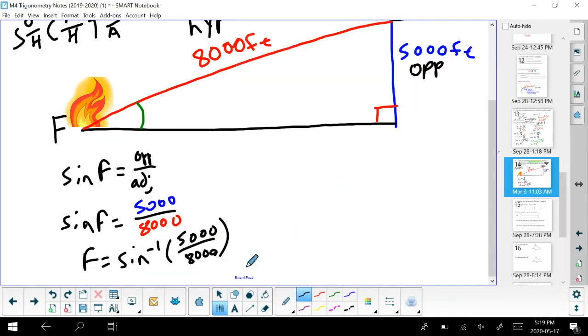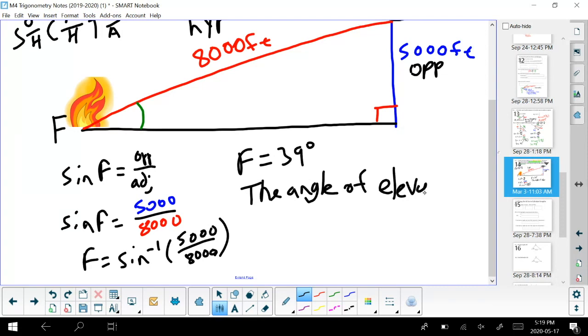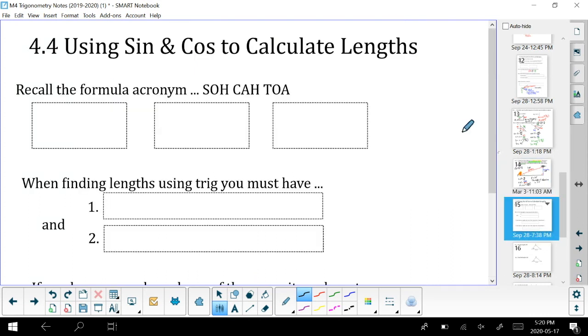So we're looking for the nearest degree, so 38.68 will then round up to 39 degrees. So we can say the angle of elevation is 39 degrees.